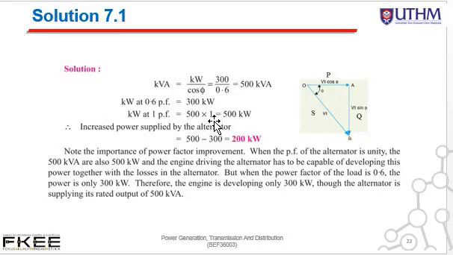So we will get the real power P at unity power factor equal to 500 kilowatt. As we can see, by improving the power factor from 0.6 to 1, we managed to increase the power supplied by the alternator by 200 kilowatt.